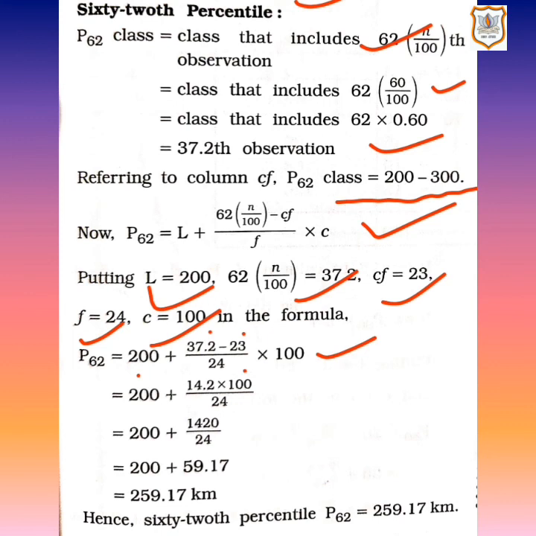Now we are going to solve. 200 will write as it is. 37.2 minus 23, that gives you 14.2 into 100 class length divided by 24 frequency. So 14.2 into 100 is 1420 divided by 24, and 1420 divided by 24 is 59.17. So 200 plus 59.17 gives you 259.17 kilometers.